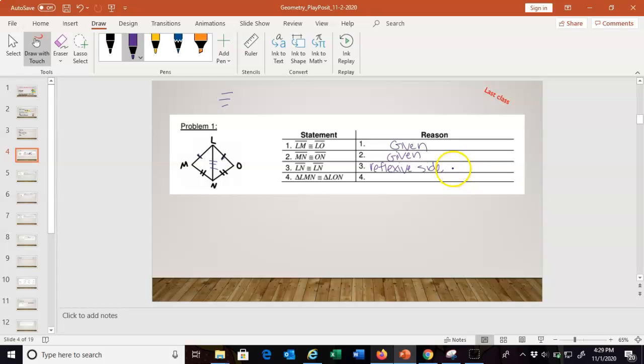If you want to get really specific, you can say the reflexive side congruence postulate. That is fine. But that just means that when two triangles or two shapes share that side, then it's the same. If we were to separate these triangles, each triangle would have LN as part of its shape. There we go. I just separated them apart so you can see that those two sides are equal.